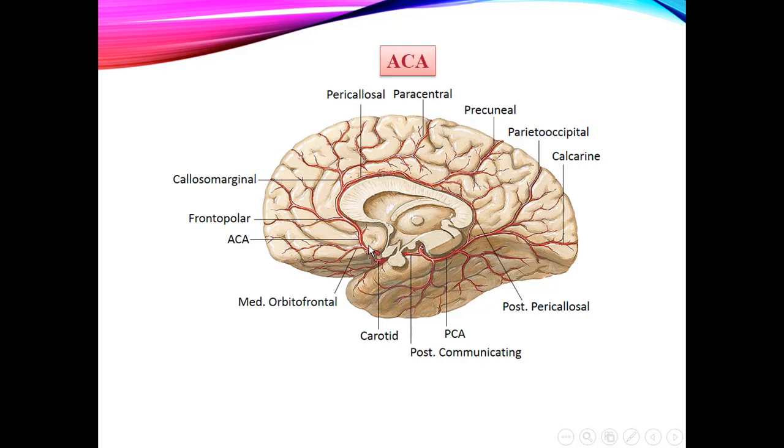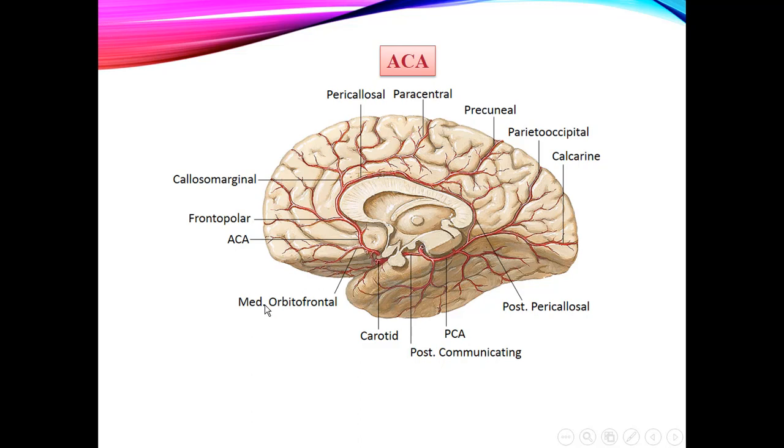The ACA, or the anterior cerebral artery, gives off 4 main branches, including the medial orbitofrontal branch. This branch enters on the inferior surface of the medial frontal lobe and supplies the rectus gyrus, the olfactory bulb, olfactory tract, and medial part of the orbital gyri.